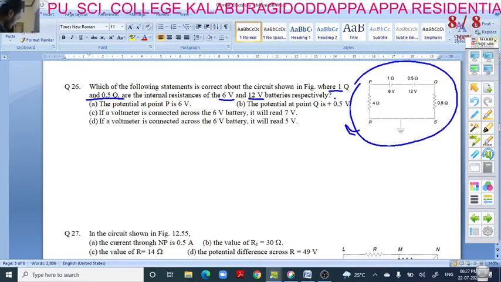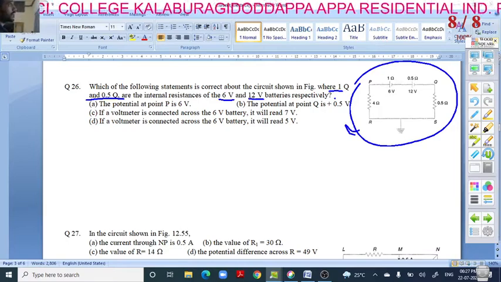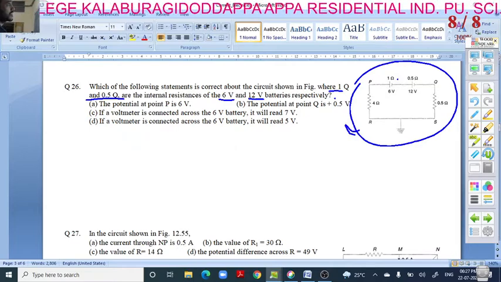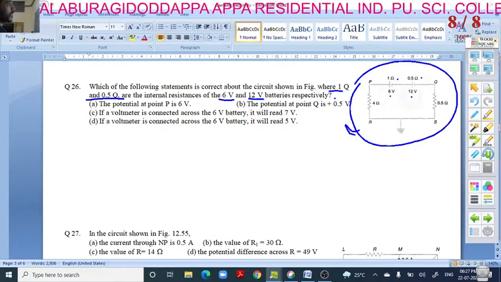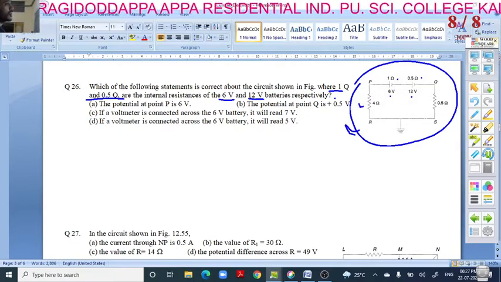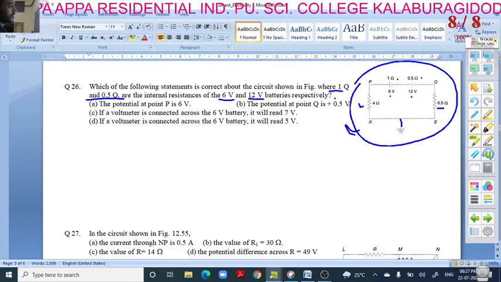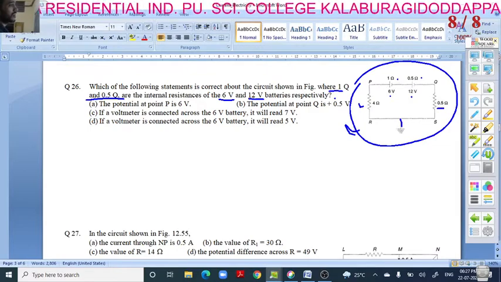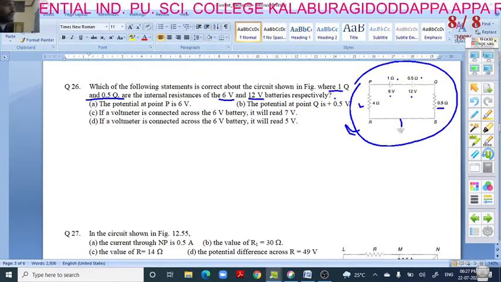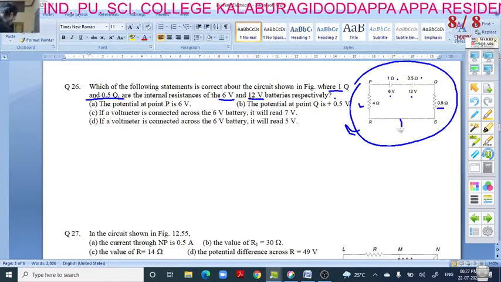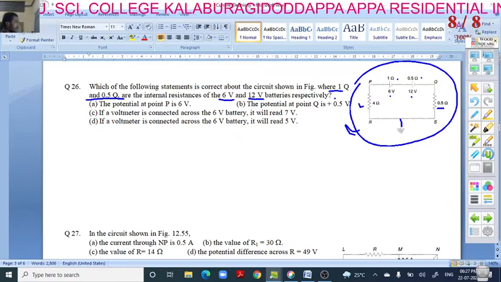Right? Okay. See, in the given figure, 1 ohm internal resistance he has given here, 0.5, 6 volt, 12 volt and resistance 4 ohm, and here 0.5 ohm he has mentioned, and he has connected this R terminal to ground. Let us see. First I will define total resistance.